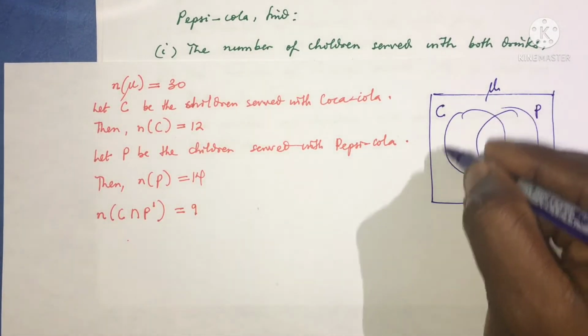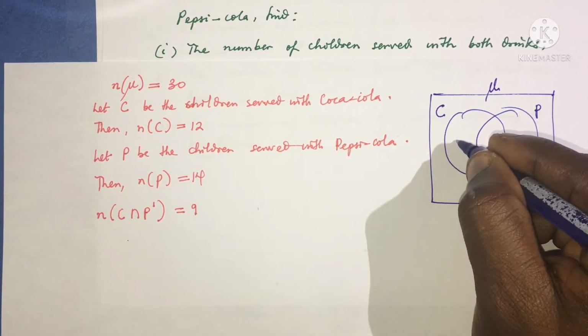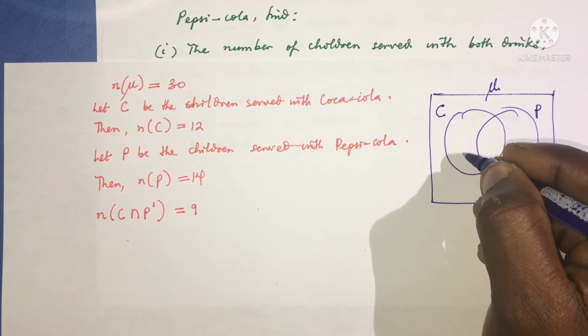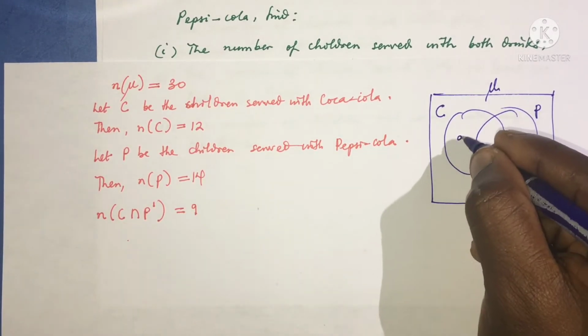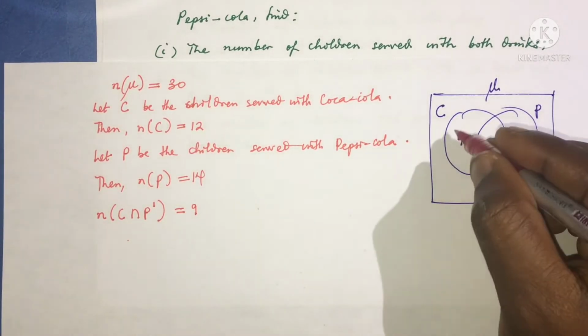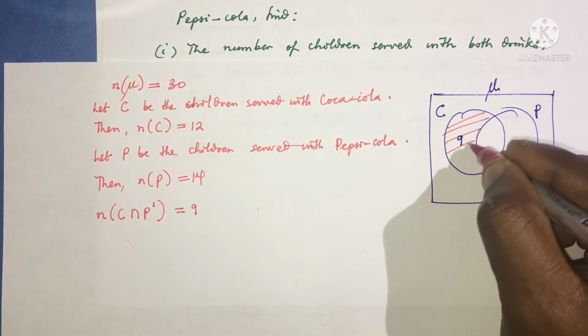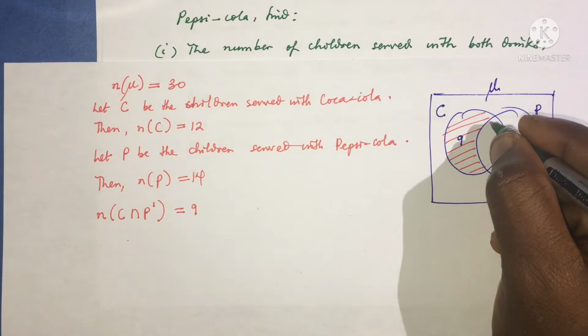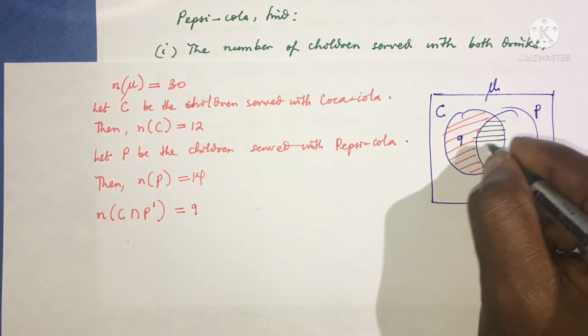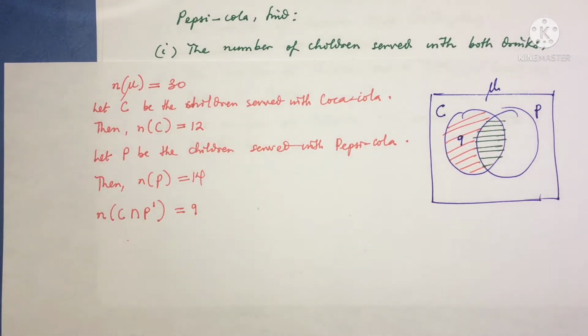So if this whole portion is 12, what would this portion be? Those who drank only Coca-Cola, I'm going to shade it red. So the people here are those who drank only Coca-Cola. Then this portion represents those who drank Coca-Cola and Pepsi.